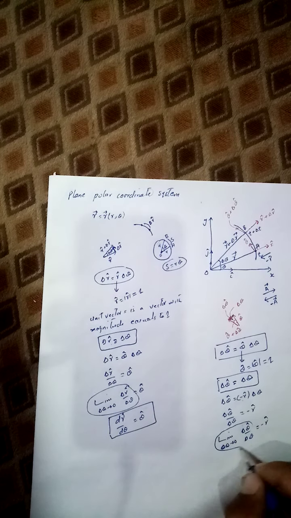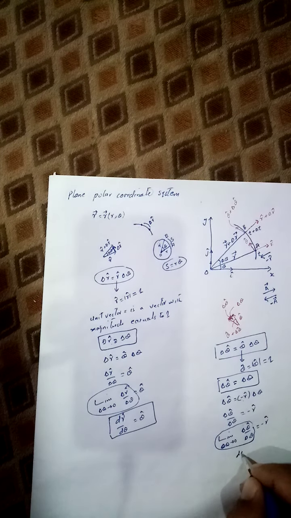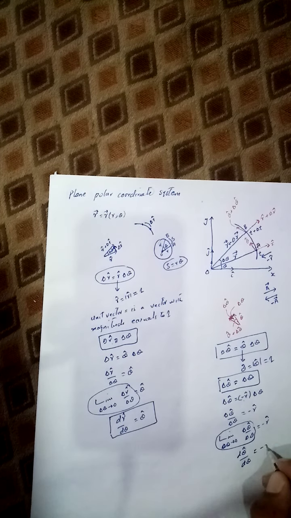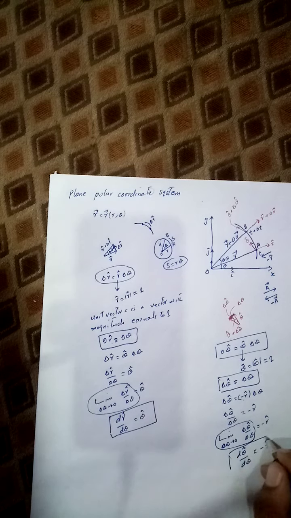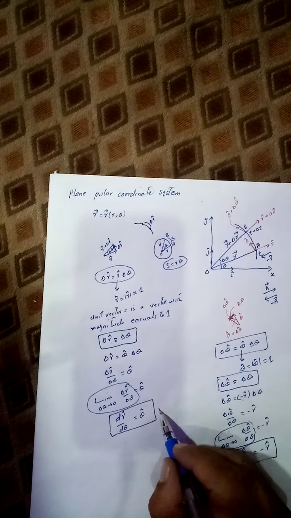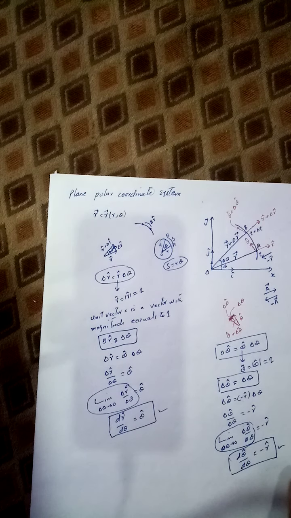This gives us the total derivative d theta cap over d theta, which is equal to minus r cap. This is another very important equation. I will use these two equations again and again in the rest of my calculation.